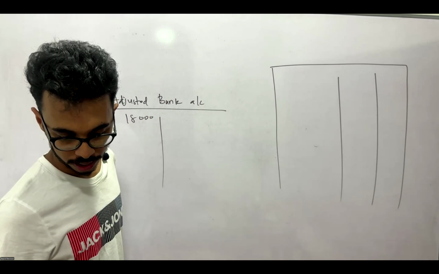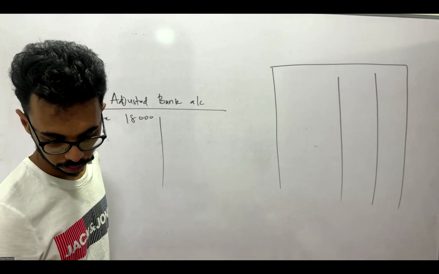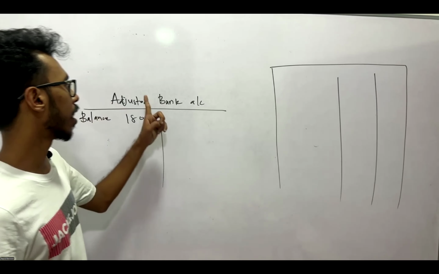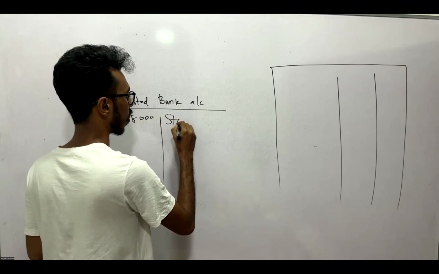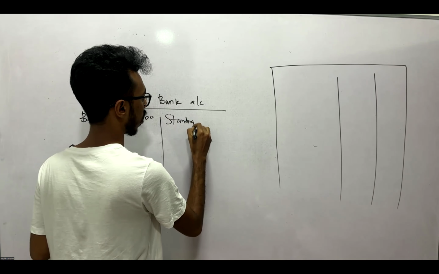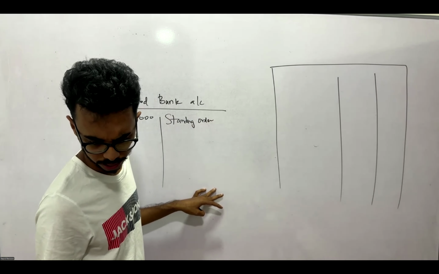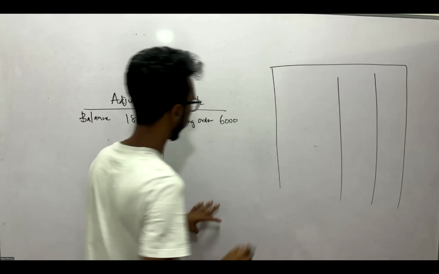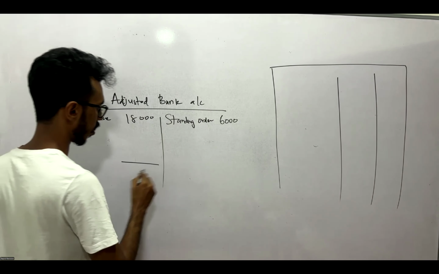And then standing orders. There's a standing order. That means the adjusted bank account has to get credit. Standing order is for rupees 1,000. Okay, that's all.